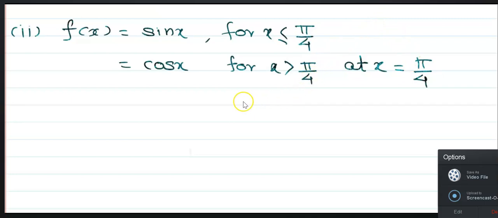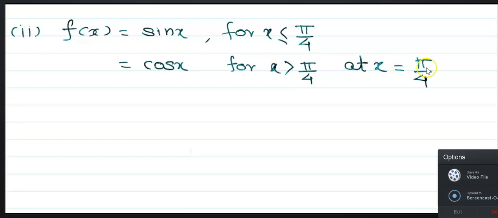the limit. But in this case, we are checking at x is equal to pi by 4. That is when the value of x is less than pi by 4 and greater than pi by 4. When it is less than pi by 4, then we treat it as the left hand side limit. And when it is greater than pi by 4, then we treat it as the right hand side limit.